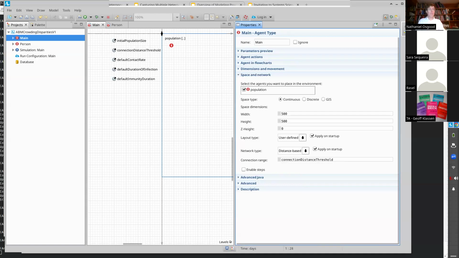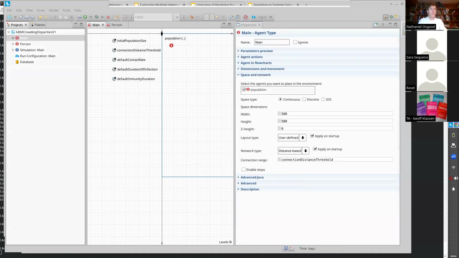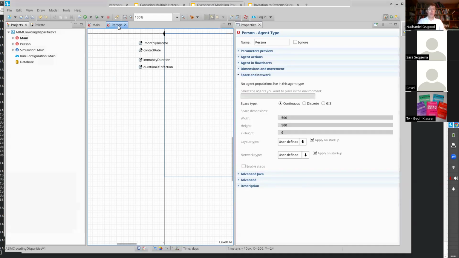The next step is to go to a person and configure what that network looks like for their default connections. In general, in AnyLogic, a person can have many sorts of connections. For example, they can have family connections. They could have technology-mediated connections, like friends on a certain social network program.